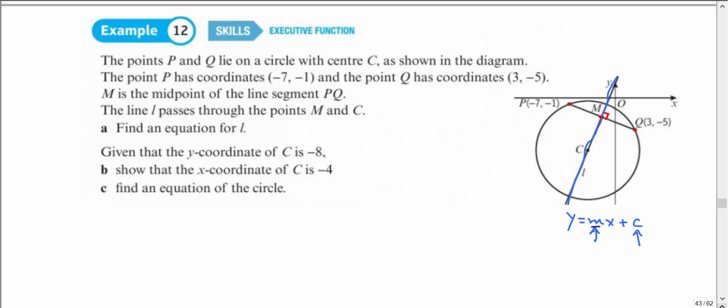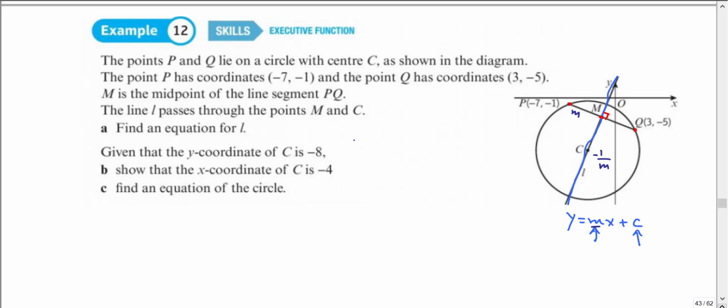So what to do? Get the gradient of PQ. Because line L is perpendicular to PQ, its gradient will be -1 over m. Okay, let's do it.